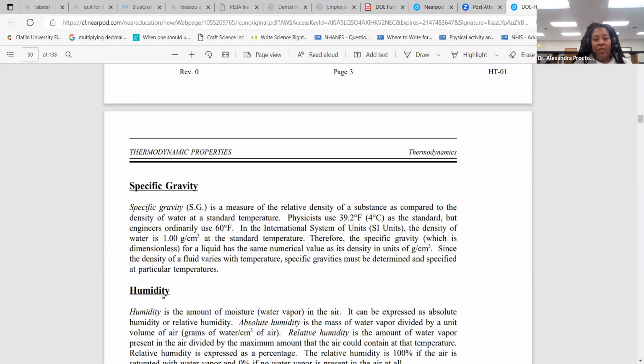So the density of water is 1 gram per centimeter cubed at standard temperature. And we're talking about SI units, okay? Now, from what I have seen, most of the time you guys use the English system, okay? So the specific gravity, which is dimensionless for a liquid, has the same numerical value as its density in units of grams per centimeter cubed.